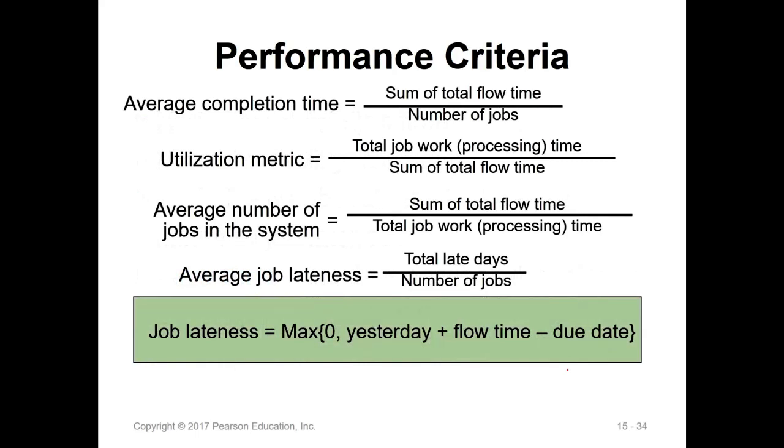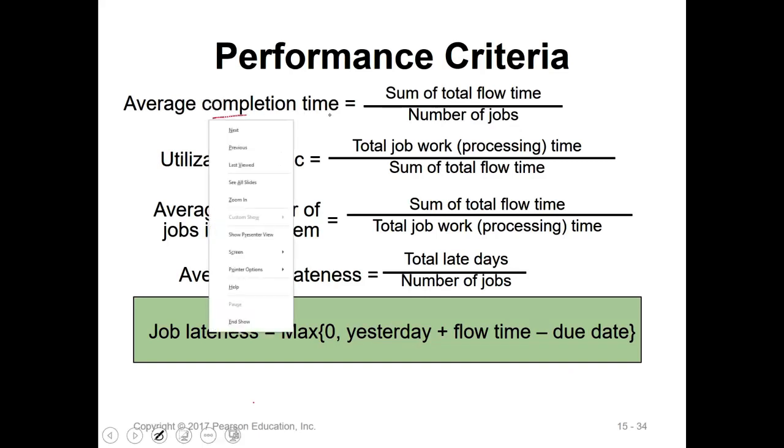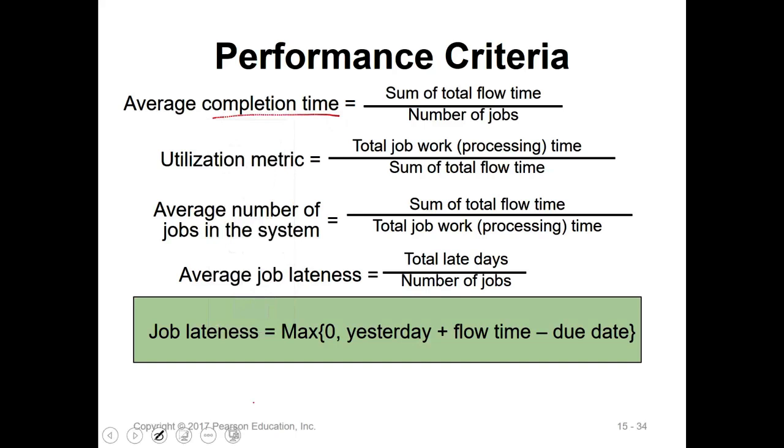And we have formulas to quantify these. Average completion time is the sum of the total flow time divided by the number of jobs we completed.